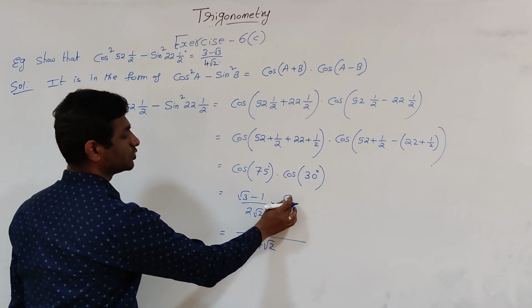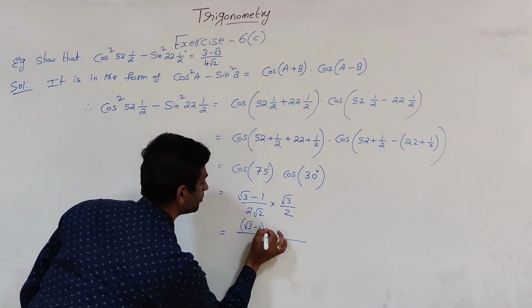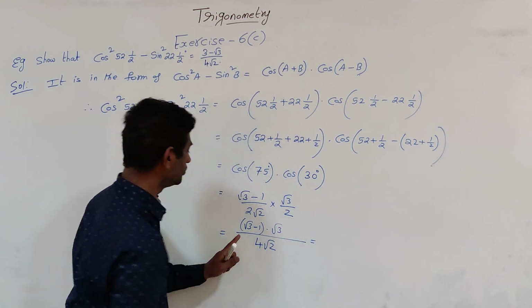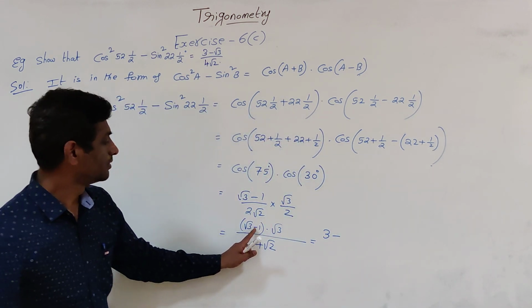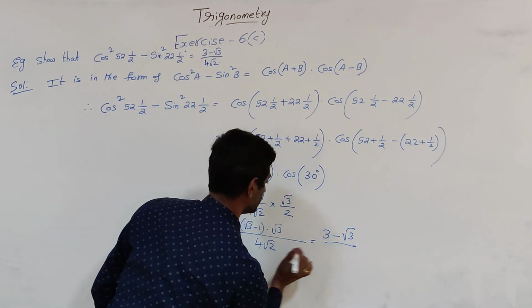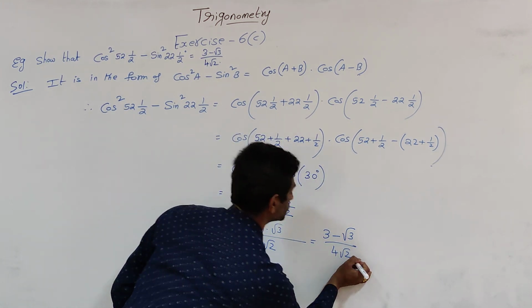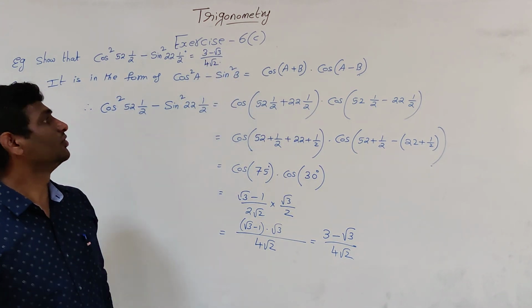Root 3 minus 1 into root 3. Root 3 into root 3 gives 3, minus 1 into root 3, by 4 root 2. So that is the RHS. 3 minus root 3 by 4 root 2.